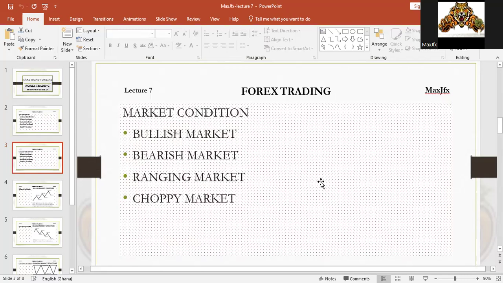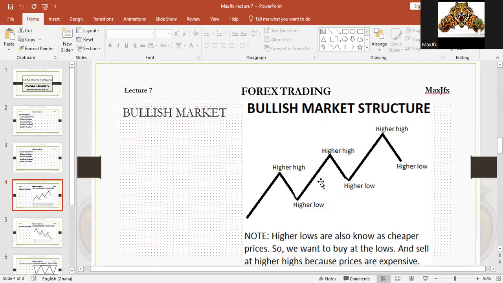Yes. Okay, so now let's continue with the bullish market. As I said, the bullish market means that it's making a series of higher highs and higher lows. So in the picture right here, you can spot that the market doesn't move in a straight line. It's not vertical, but rather it goes up and makes a retracement.